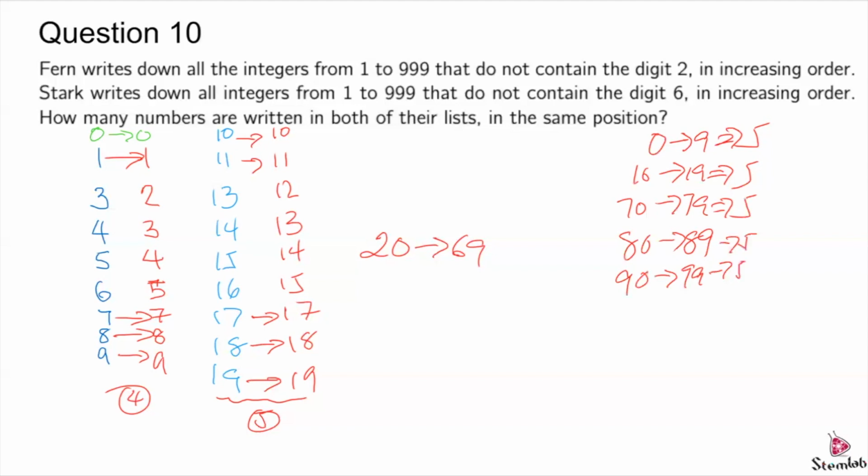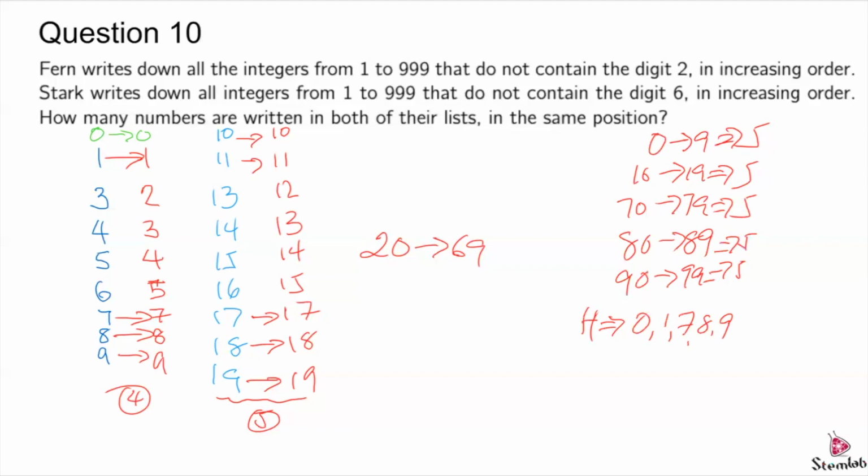So now the only question is, how many of the hundreds digits work? Okay. Well, following the same pattern, the only hundreds digits that work will be 0, 1, 7, 8, and 9. Okay. This means that there are 5 hundreds digits that work.